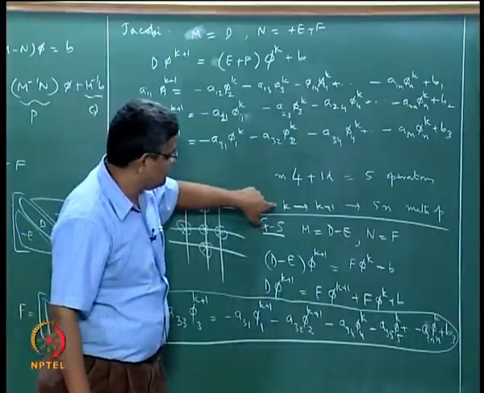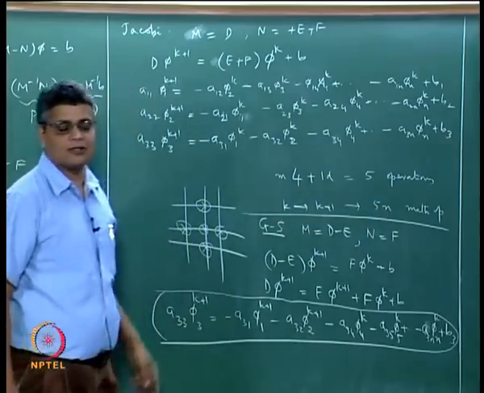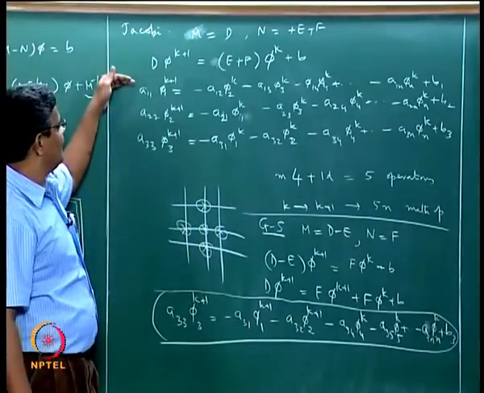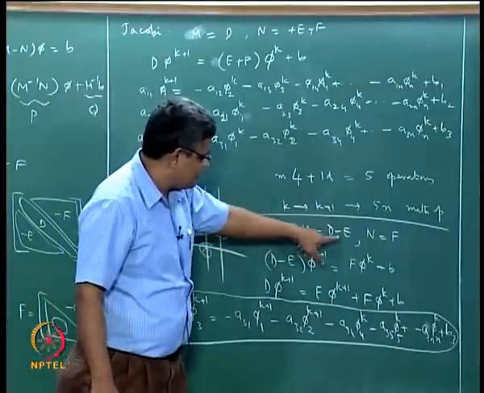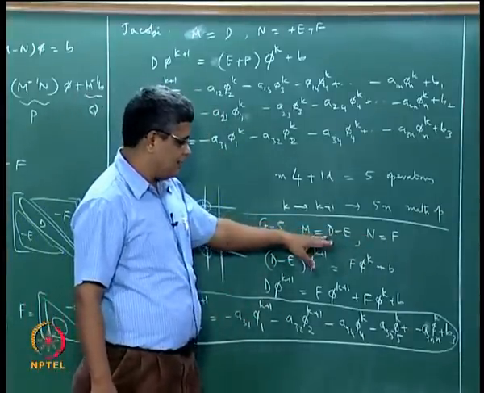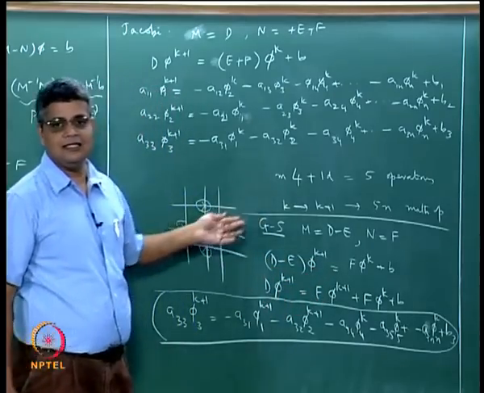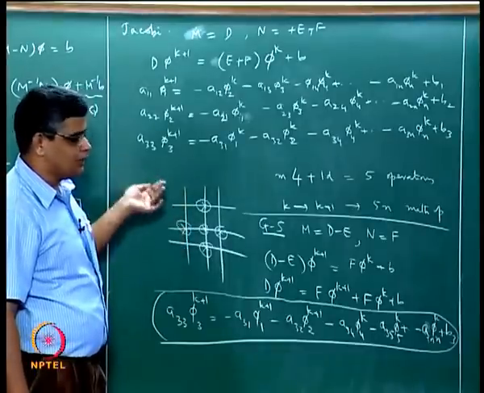So to go to k plus 1, we again require 5n mathematical operations, the same as in the Jacobi method. Even though we have made a different decomposition into M and N, it has not resulted in any increased number of mathematical operations per iteration.